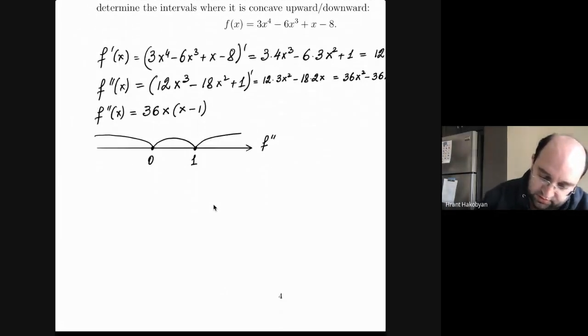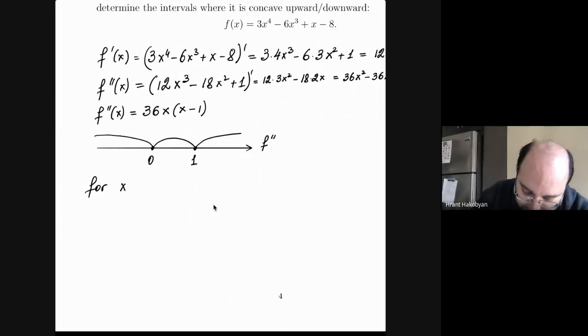So let's do that, and let's start from the right again. For the interval 1 to infinity, let's pick x equals 2.